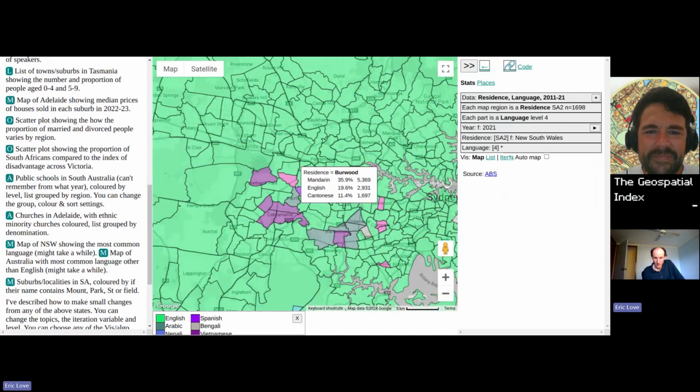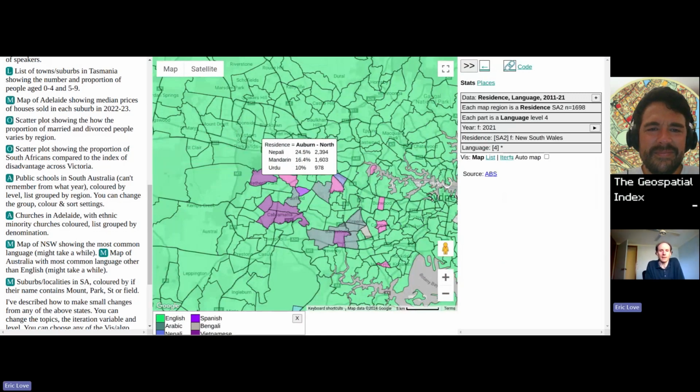Burwood, 36% Mandarin. And there's this one, Auburn North, where English only is not in the top 3. Yep, amazing. So Nepali, Mandarin, and Urdu are the top 3, and English only is less than 10%. Fascinating.